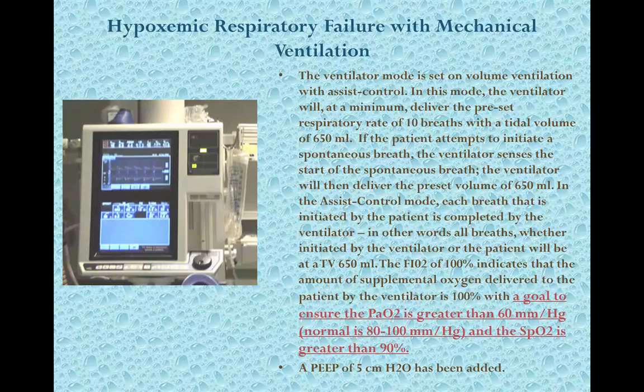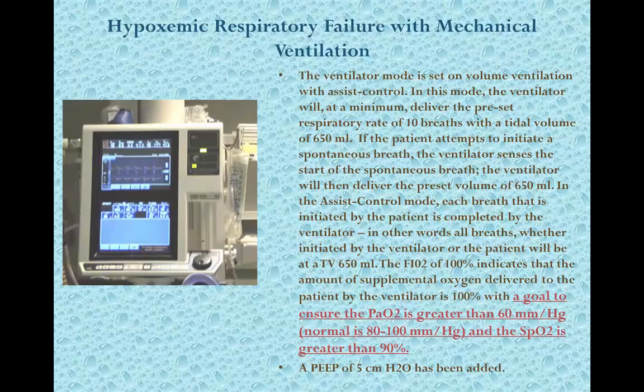In the assist control mode, the ventilator will at a minimum deliver 10 breaths with a tidal volume of 650 mils. In essence, this ventilator is just pouring in 650 mils for 10 breaths per minute.